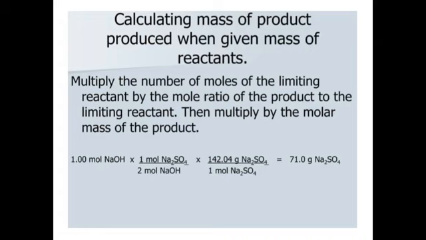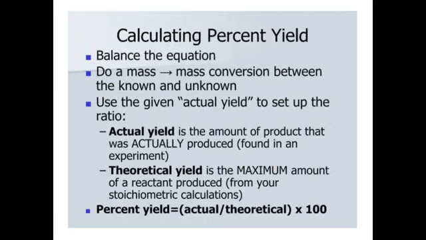But to solve that very well, don't forget the formula we started using, the mole of NaOH over the mole ratio. And so we have 1 mole of NaOH, that's the number of moles of NaOH, times the mole ratio of the product over the reactant, like we have been doing, multiplied by the molar mass of the product. It will give us 71.0 grams of Na2SO4.